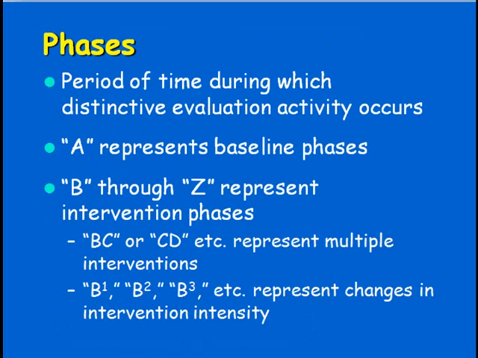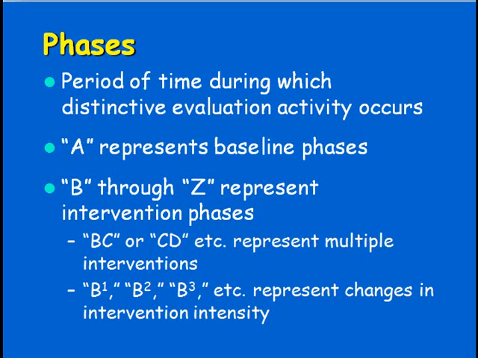In terms of phases, a phase is a period of time during which a distinctive evaluation activity occurs. Phases are separated by vertical lines in your graph. A always represents baseline phases, and B through Z represents intervention phases.